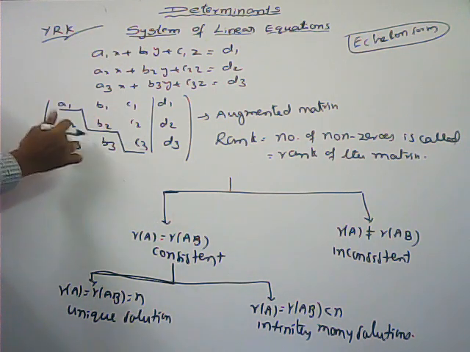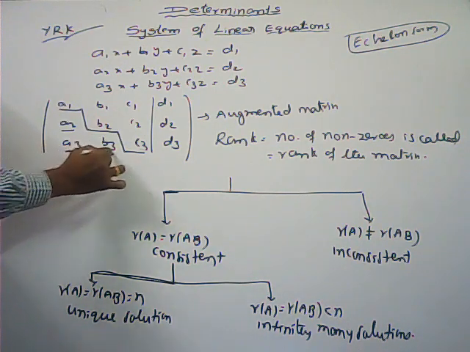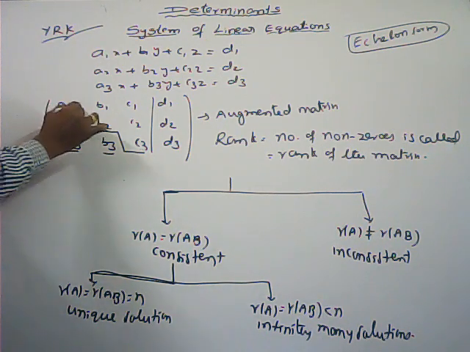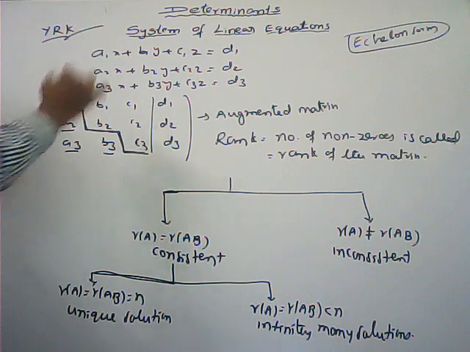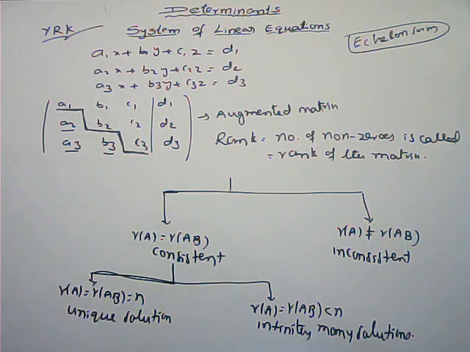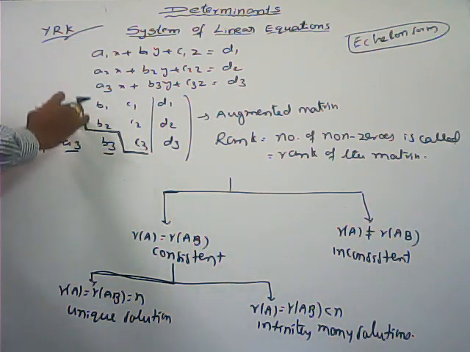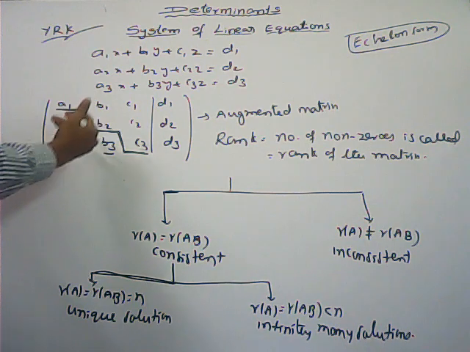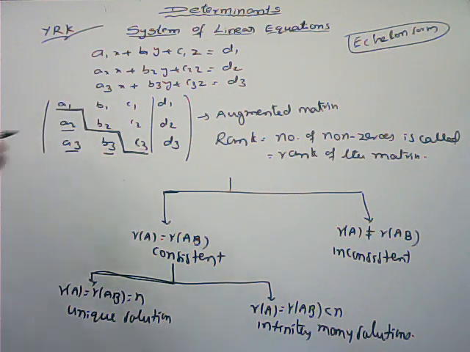Below the staircases, whatever the elements above are, no problem, but the elements below the staircases, here only 3 elements are there, we have to convert into zeros. Then it is converted to echelon form.